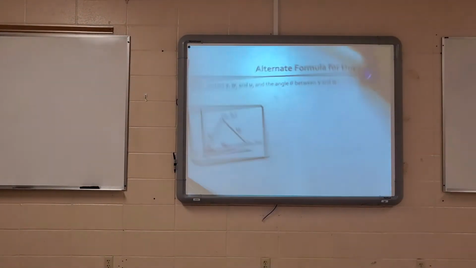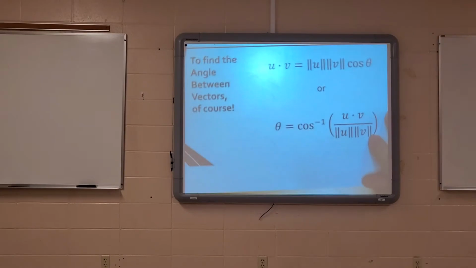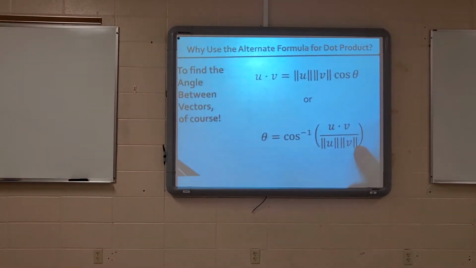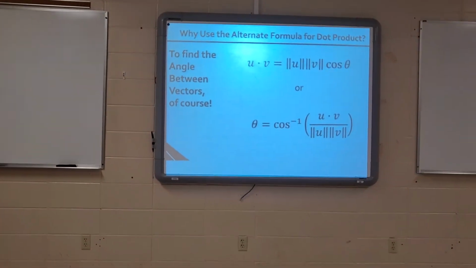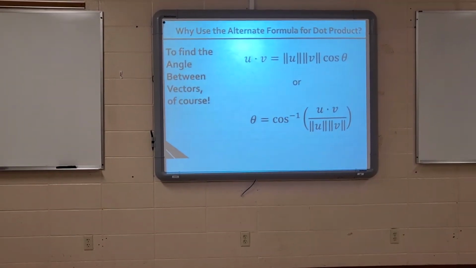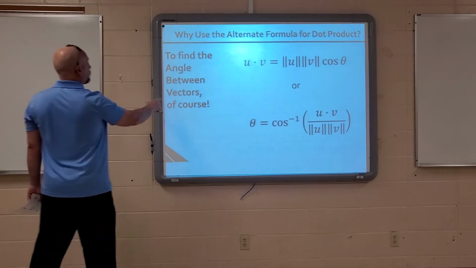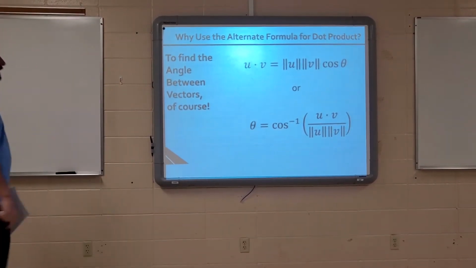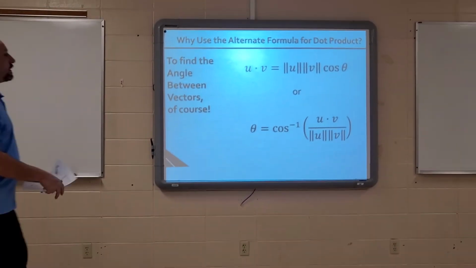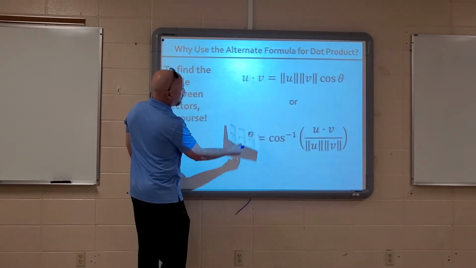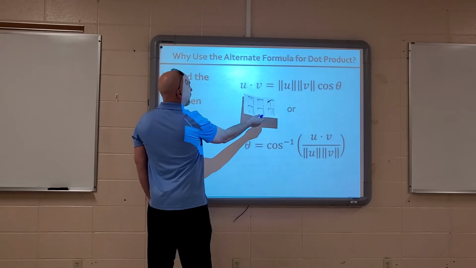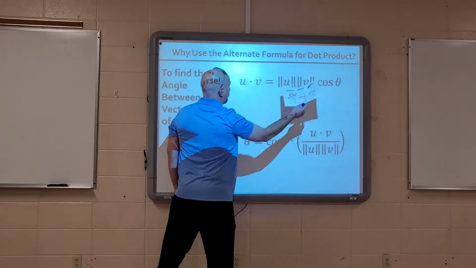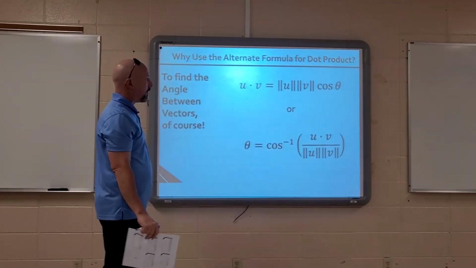So here are the actual formulas. This is why we have this other formula, because we use this to find the angle between the vectors. These are both the same formula, just rewritten different ways. Here is the formula the way that you would see it in a book.